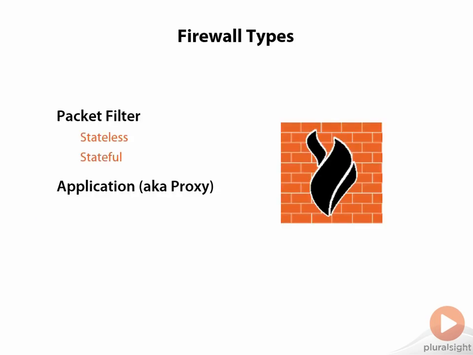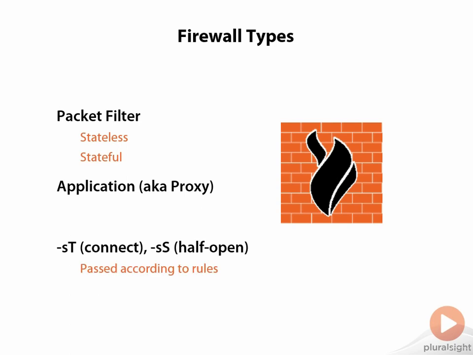There are three primary types of firewalls: stateless packet filters, stateful packet filters, and application or proxy firewalls. We'll discuss each of these architectures and how they react to port scanning. Of course, we only need to discuss how firewalls handle packets directed to open ports, because closed ports are closed, right? It doesn't matter what we send to a closed port, it's going to get dropped.